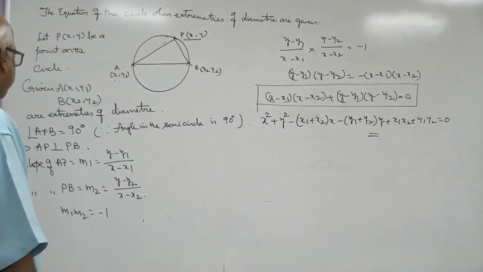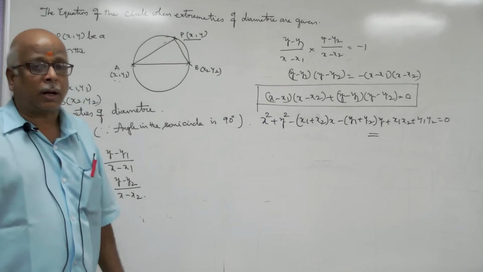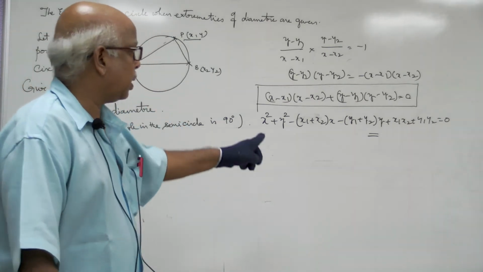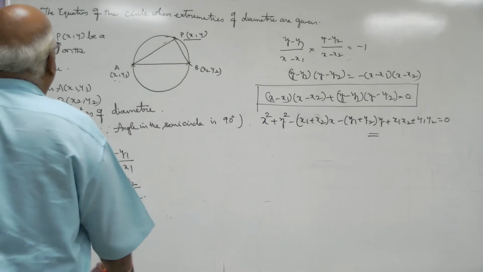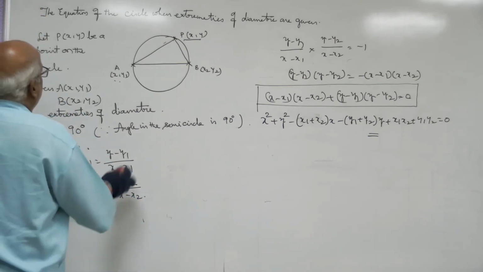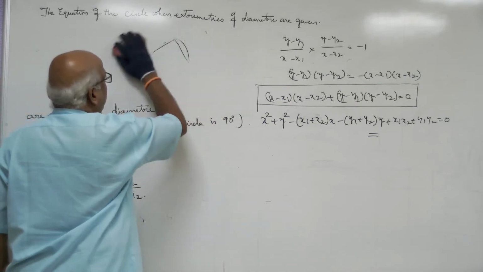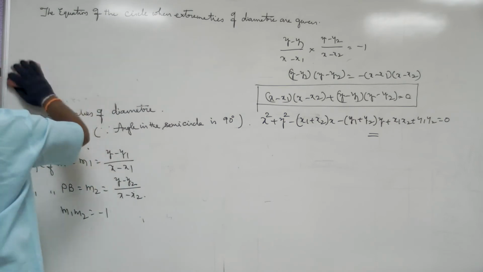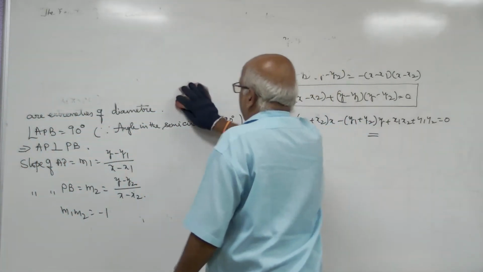The third one, when extremities of diameter are given, we can find the equation of the circle. In the entire circle chapter, these three are the main important theorems which we in general apply to find the equation of the circle in different conditions.